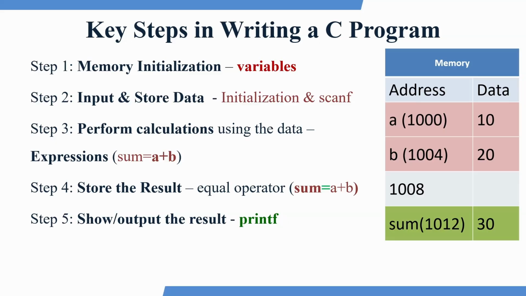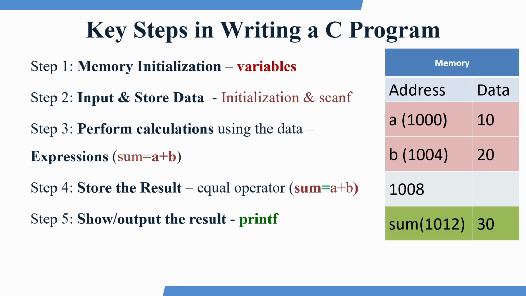Those symbols we have to use to write the mathematical operations, not descriptive statements as we use in math, which we cannot use here. We have to follow the methods and symbols provided in the C programming language. The next step is that we get the result.